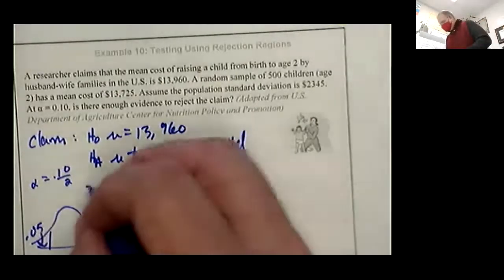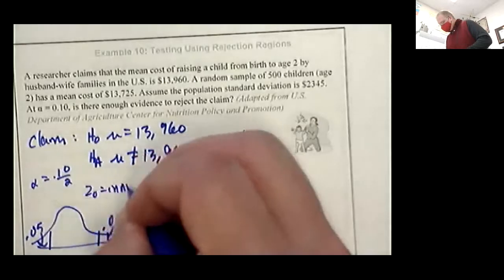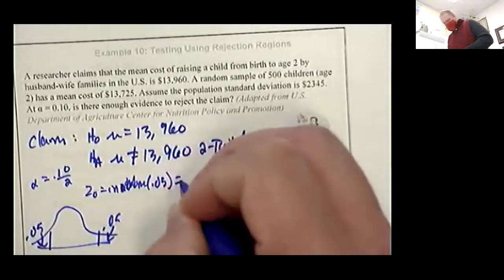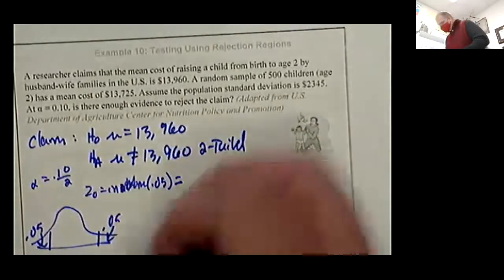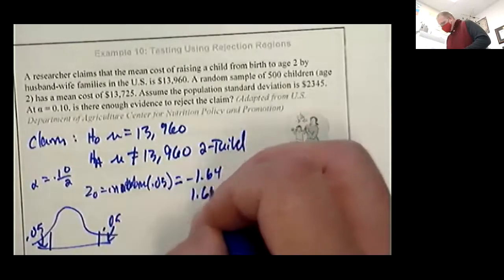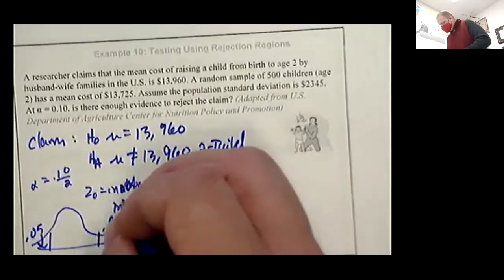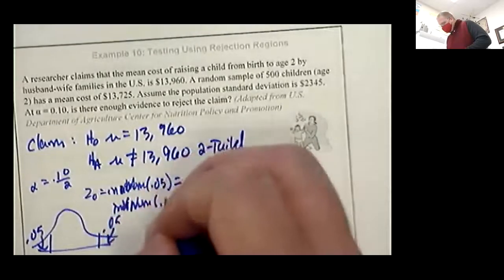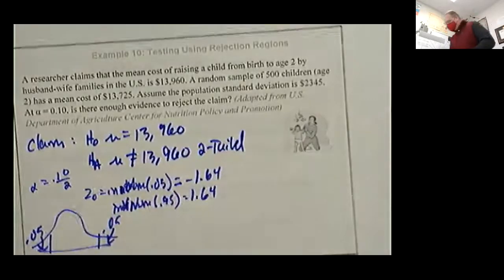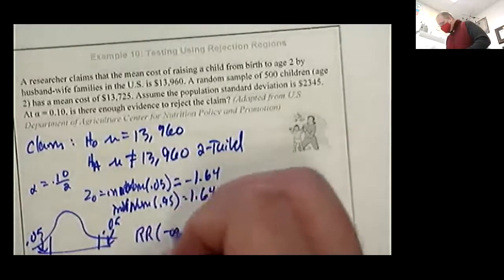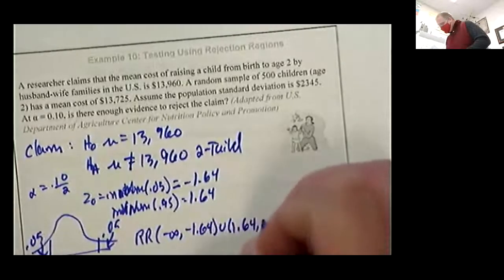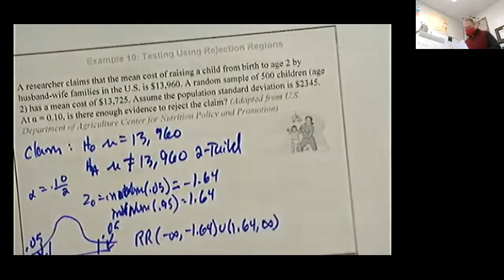So our z-naught is the inverse norm of 0.05. We'll plug that into our calculator and get negative 1.64. The opposite has to be true as well, 1.64. You can find that by inverse norm of 0.95. Therefore, our rejection region is negative infinity to negative 1.64 union 1.64 to positive infinity.